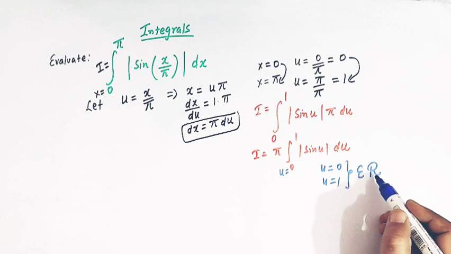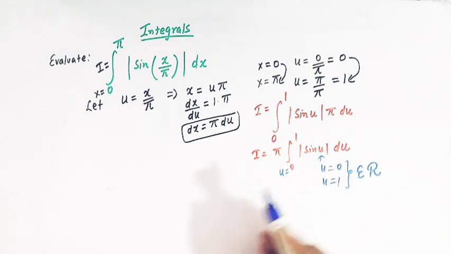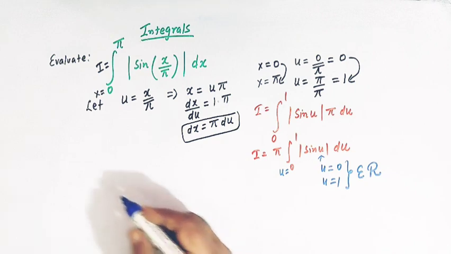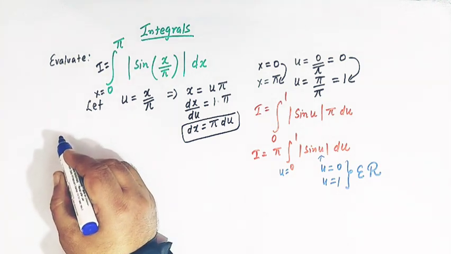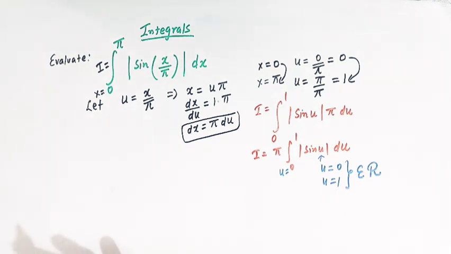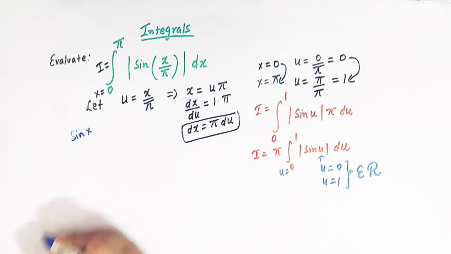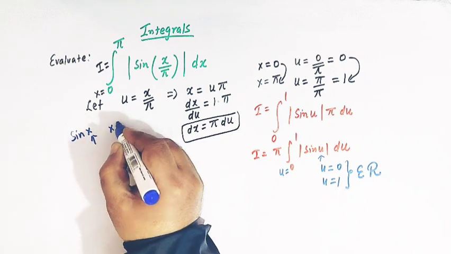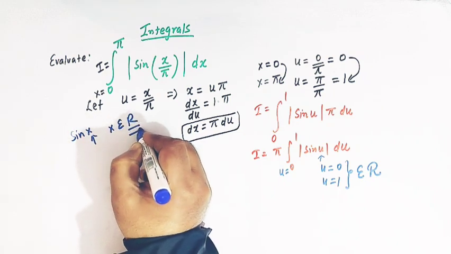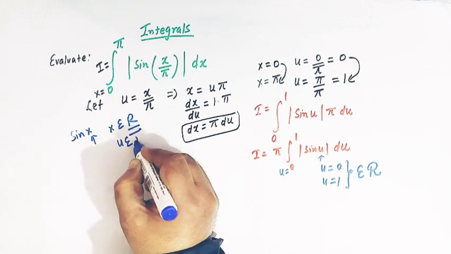So the limits are real numbers, and here we have sine of u, right? And we know that when we define trigonometric functions, then we define the 6 trigonometric functions in terms of real numbers, right? So whenever we talk of say sine x, then it implies that this x is a real number, right? So here this u is a real number.